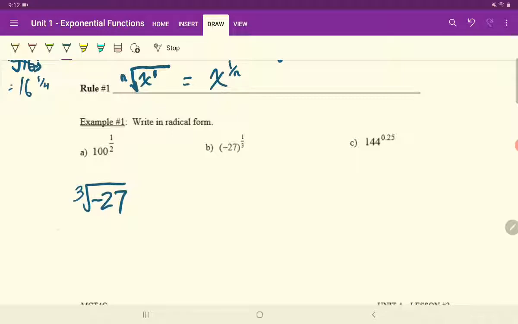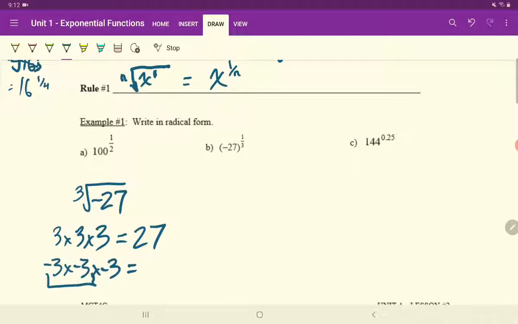So if I do 3 times 3 times 3, that equals positive 27. So that doesn't satisfy. I need it to equal negative 27. What if I do negative 3 times negative 3 times negative 3? What does that equal? You can pull out your calculator or you can do it in your head. Negative 3 times negative 3 is positive 9, right?